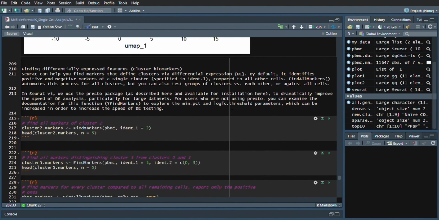So, we write cluster2.markers to find all markers of cluster 2, for example, FindMarkers, we put PBMC, ident.1, we put 2 for cluster 2, and head cluster 2 and n equal 5. Let's run our code.